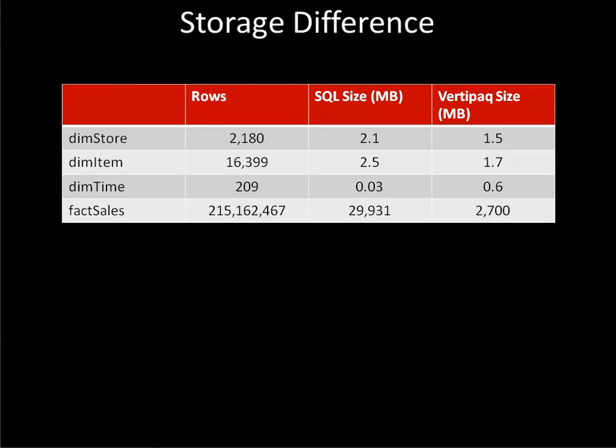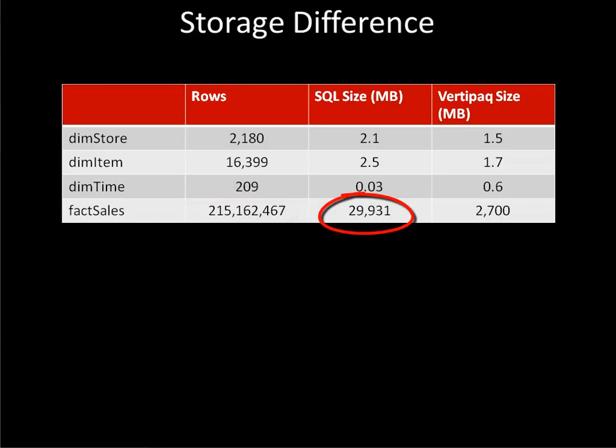This diagram summarizes the tables that we were just querying and shows the benefit of using VertiPack for the column storage rather than the traditional row storage that we're using with our SQL Server. The 250 million rows in the fact table are by far the largest portion of our storage, and that is quite normal; most data warehouses have that profile.